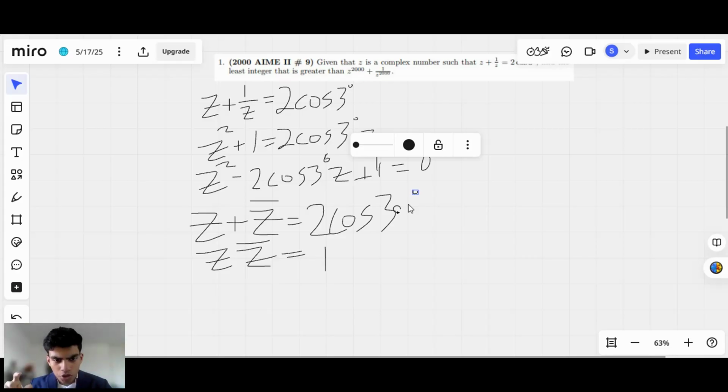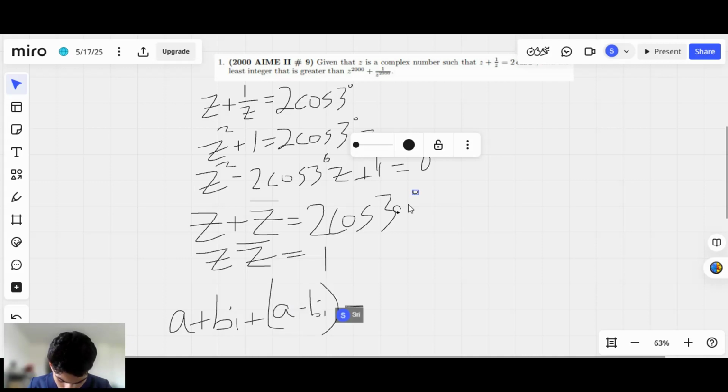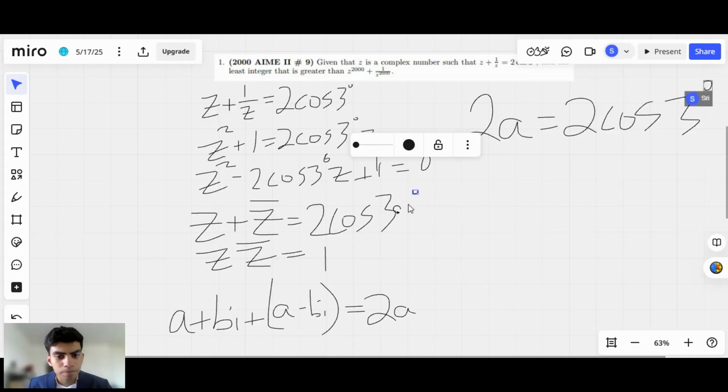So let's try to do that for the sum and let's see what happens. If z is a plus bi, we know that the conjugate of z is a minus bi. And then when we add that, we're going to get 2a. So if we get 2a as our sum of both complex numbers, that means that 2a must equal 2 cosine of 3.